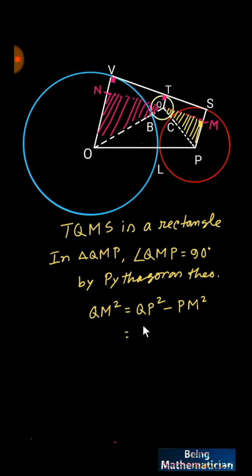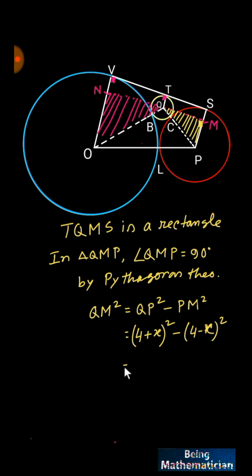Now QP is the sum of the radius of red circle and the radius of yellow circle. Red circle is 4 and yellow circle x as assumed. So 4 plus x whole square minus PM square. PM means PS minus SM. That means the difference of the radii of red circle and yellow circle. So it will be 4 minus x whole square.